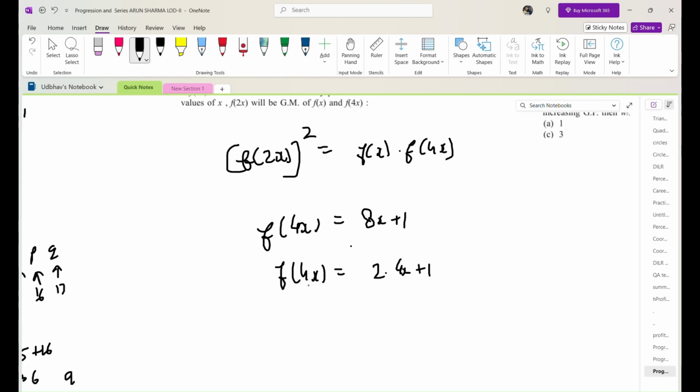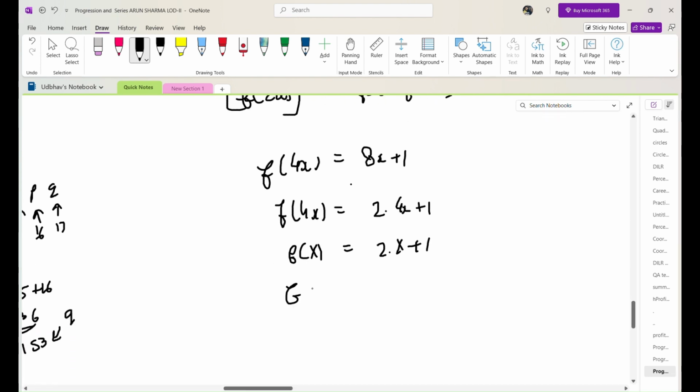So now if I put f of x equals capital X, 2 into capital X plus 1, so this is f of x, then f of 2x will be 4x plus 1.